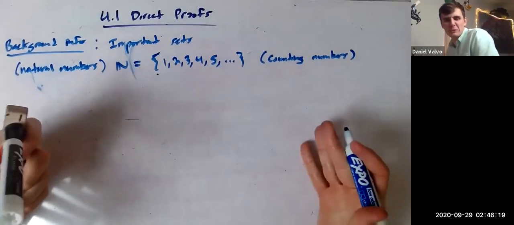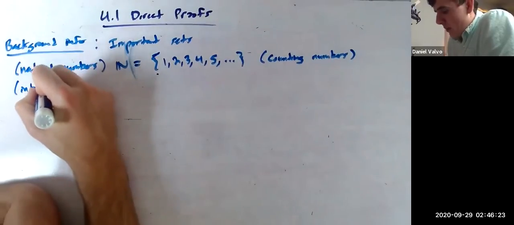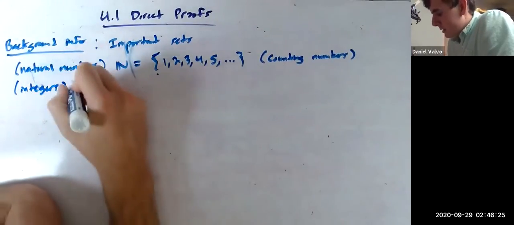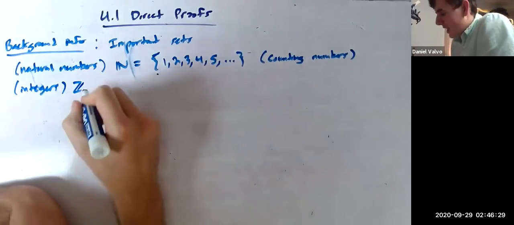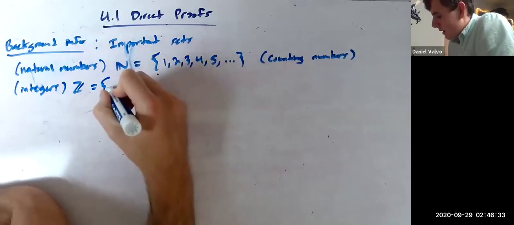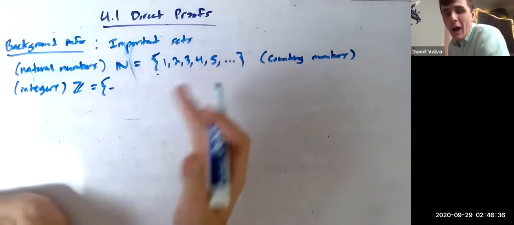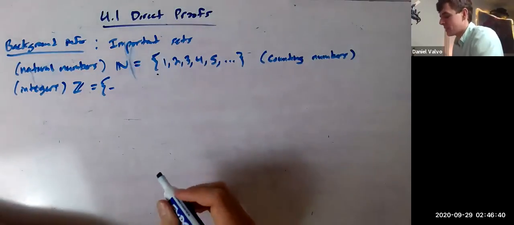Makes sense. You guys probably heard some of this before. And then we have the integers, which we read as a Z with a cool looking thing like that. And these are the counting numbers, 0 and the negative counting numbers, all kind of like these whole numbers, positive and negative.